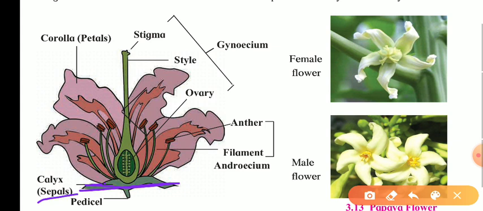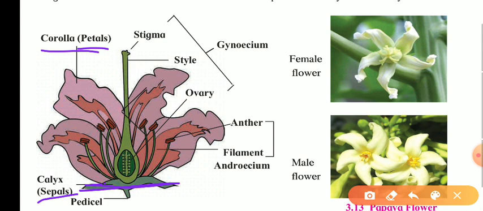After that we have the most important part of the flower, which we call petals in general language, and the scientific word is corolla, which is the attractive part of the flower, which attracts insects towards it for the transfer of the male gametes or the female gametes. That we will see at a later stage.